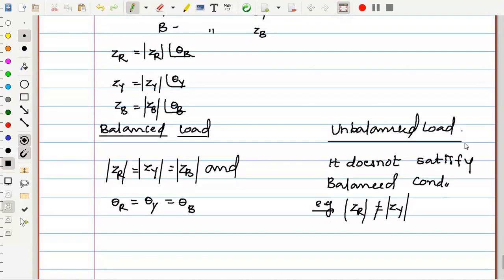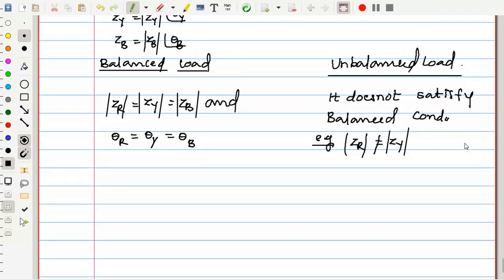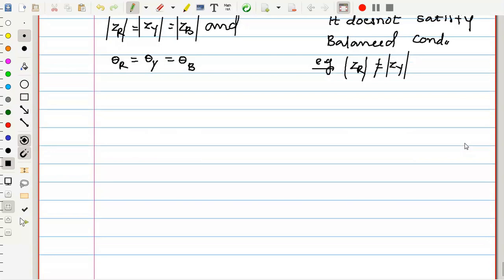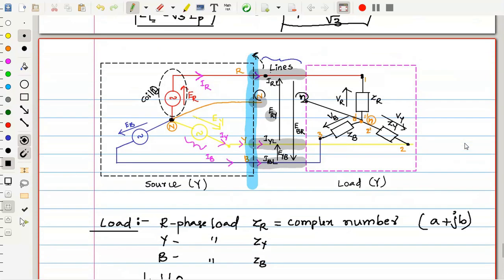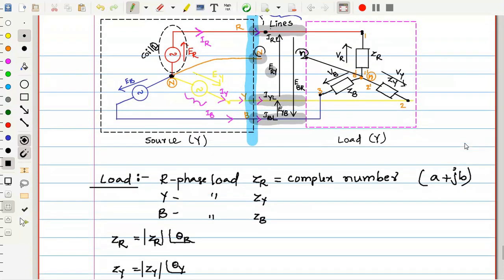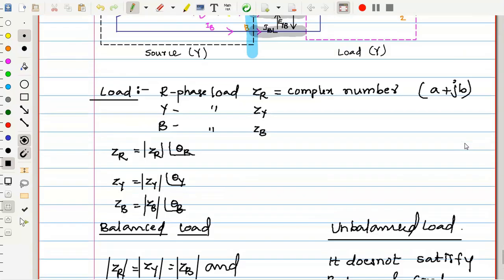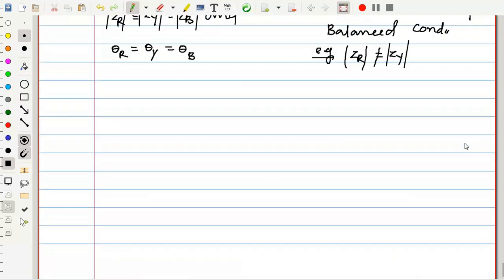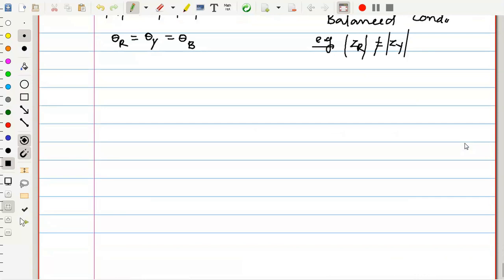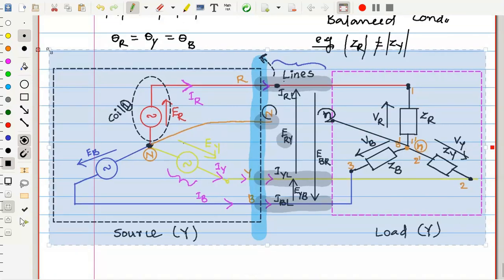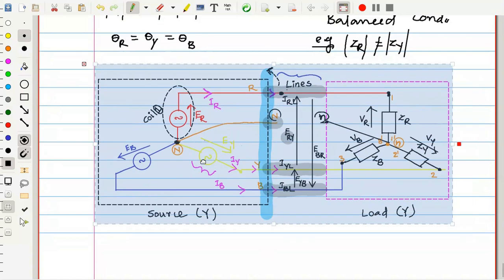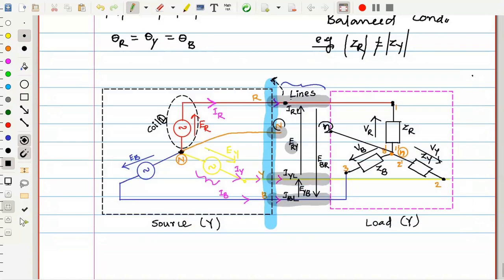So now, with this basic understanding of balanced and unbalanced loads, I can move on. Try to understand this diagram a little bit in this way.